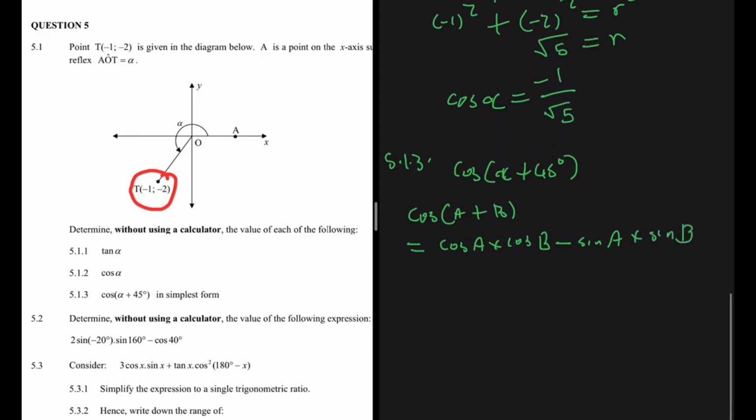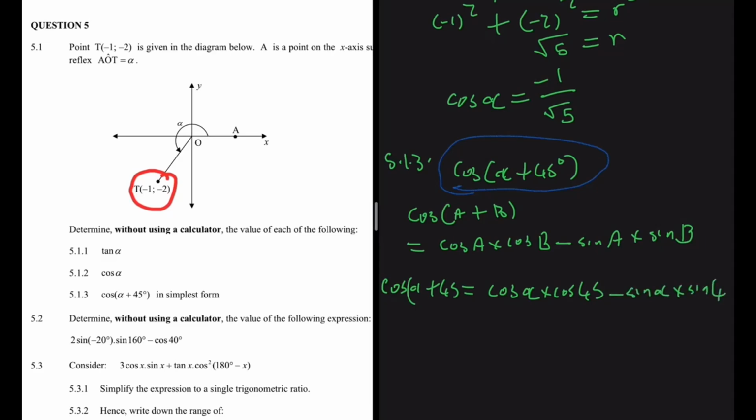And that's exactly how we're gonna do this question, because there's no way we can compute this as it is without using a calculator or changing it to this trig identity that we're introducing. So now we're gonna say cos of alpha plus 45 will be equal to cos of alpha multiplied by cos of 45 minus sine of alpha multiplied by sine of 45.